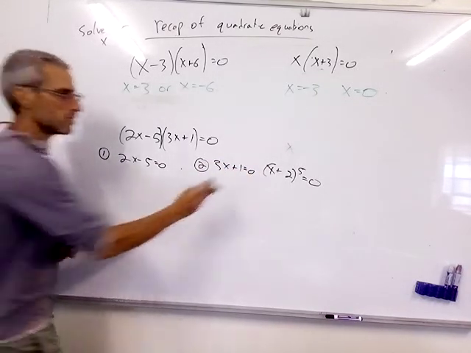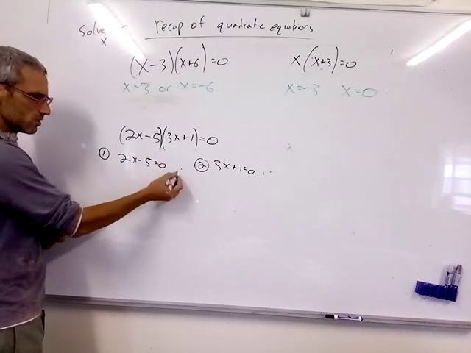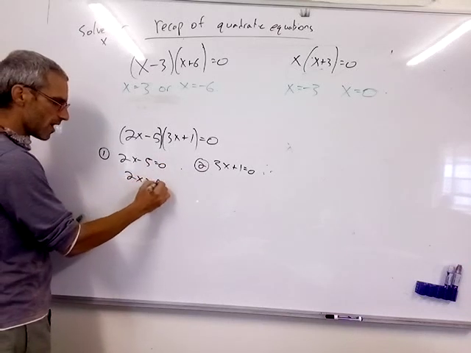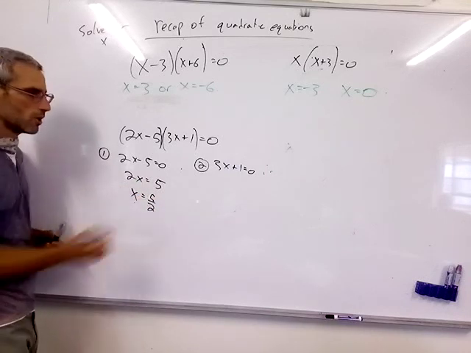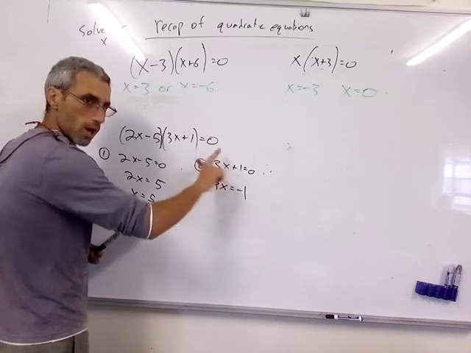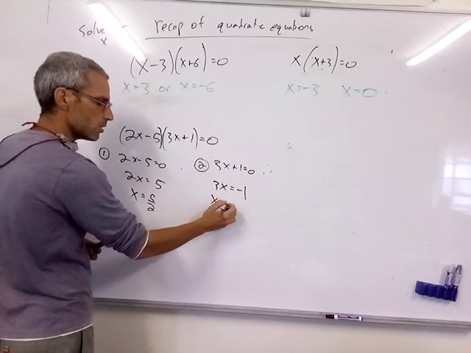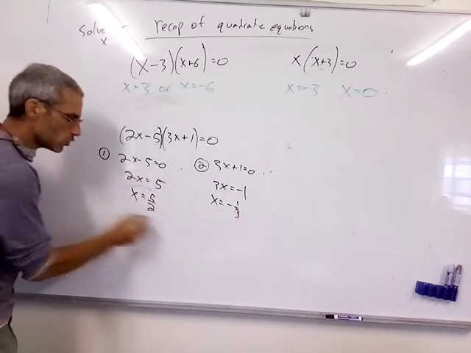That's what I'm doing here. Now it's a little bit nasty. So what do I do? You add 5, so 2x equals 5, divide by 2, x equals 5 over 2. That's one solution. Over on this side, 3x equals minus 1, x equals minus 1 over 3. So I've got two solutions here.